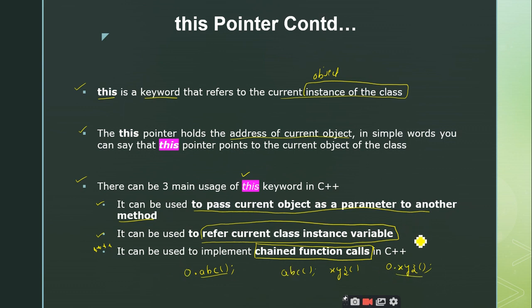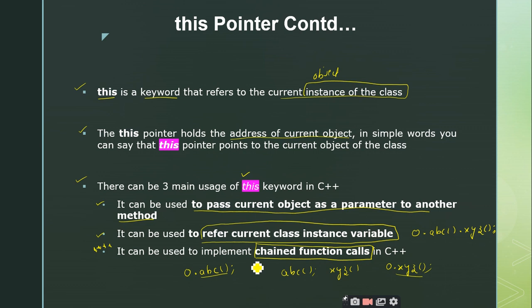For example, I can write the chained function calls like this: o dot abc dot xyz. Like that, this particular chain of function calls can be extended to any level. So if you have 5 member functions and you want to invoke all the 5 member functions in a single shot, then you can do it by making use of chained function calls.